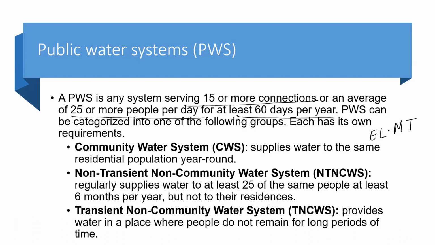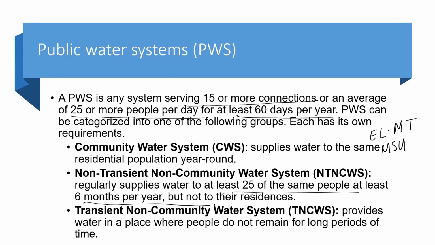What about MSU? Is MSU a community water system? MSU is classified as a community water system. It provides water to a residential community essentially year-round. A non-transient, non-community water system is a system that supplies water, again, to at least 25 of the same people at least 6 months of the year, but not to their residences.